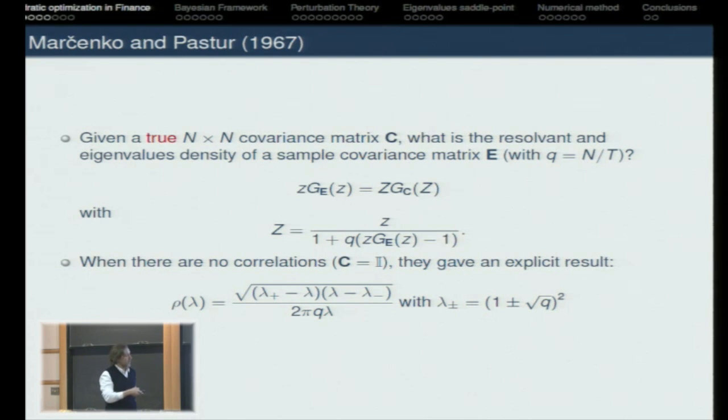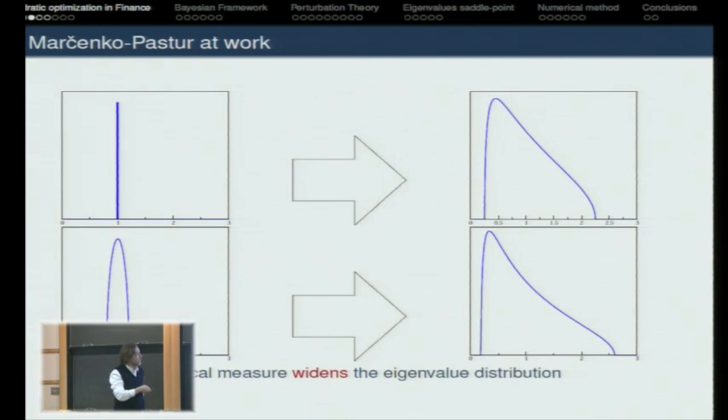But if you have measurement noise, if your data set is of comparable size to your number of variables, you'll get a spreading. Just to be more explicit, you start with a true covariance matrix, which is just the identity. All eigenvalues are 1, so you get a Dirac at 1. And you measure a sample covariance matrix, you measure something like this. So this is just the Marcenko-Pastur law.